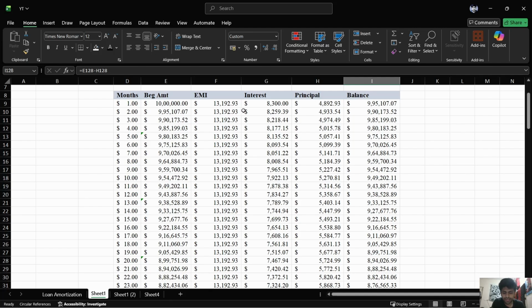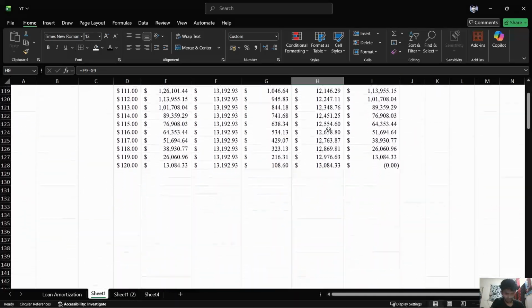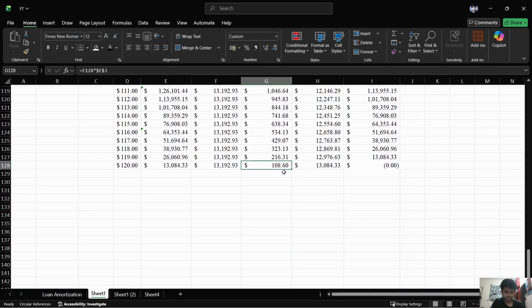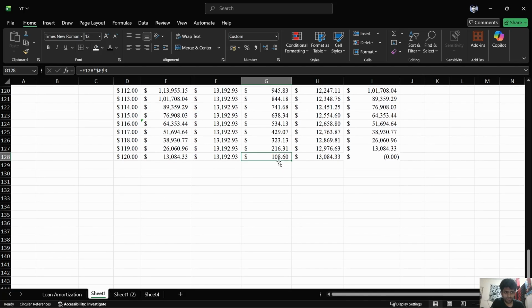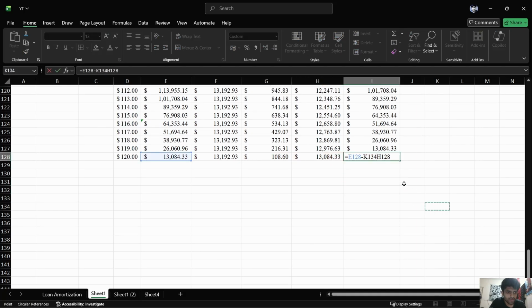In the earlier period of the repayment of the loan, the interest was more and the principal was less. But as we go towards the 120th month, interest has almost gone to zero. It is 108 rupees, and our principal value has increased a lot. And finally, the last value is 0.